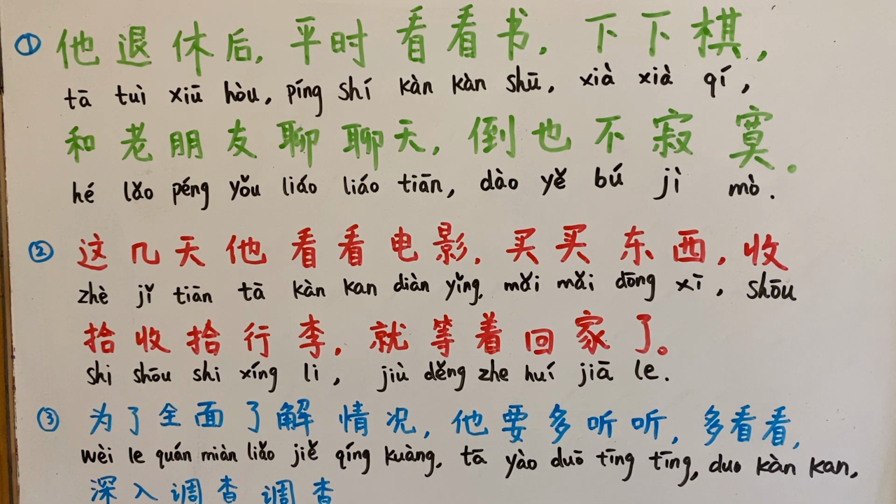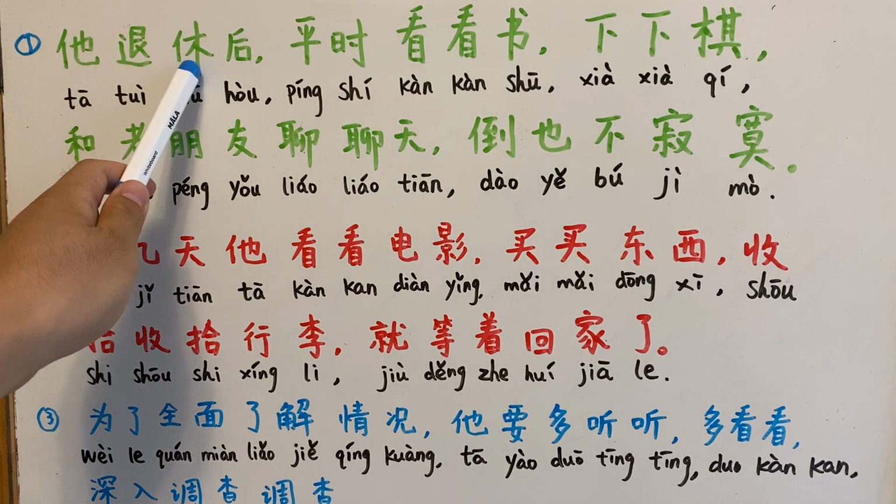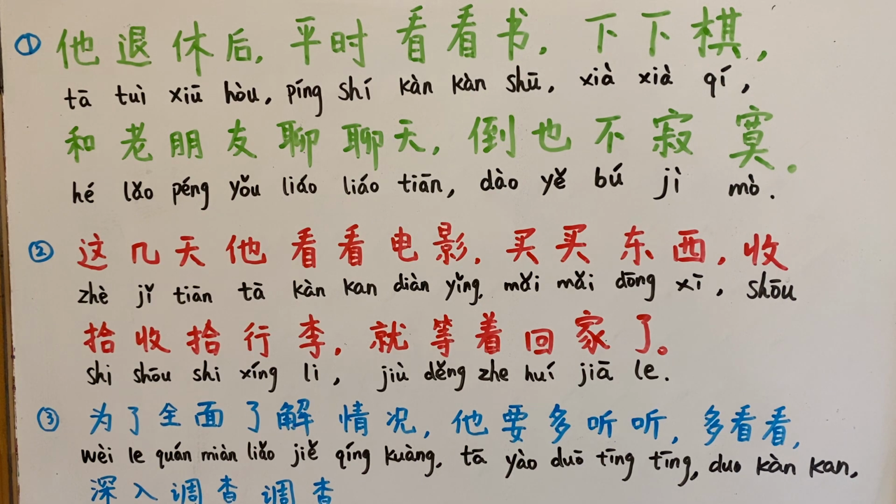But this 退休, apparently to retire is a verb phrase, but in Chinese we don't change the verb phrase. It appears the same, whatever function it takes.